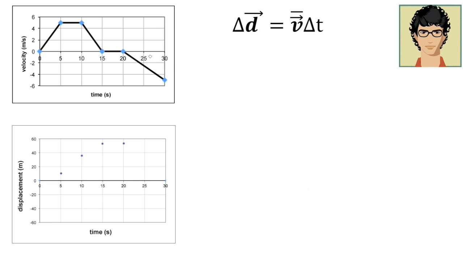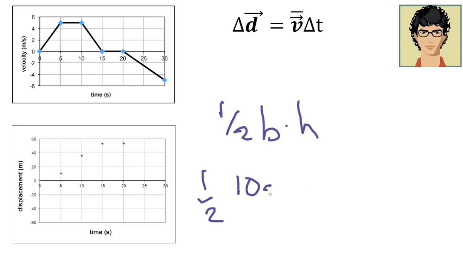And notice that this area right here is negative, which means we'll be going backwards. All right. So we have 1/2 base times height. The base now is 10 seconds. So I'll get the 1/2 times 10 seconds times the height, which is 5 meters per second, negative, in fact.